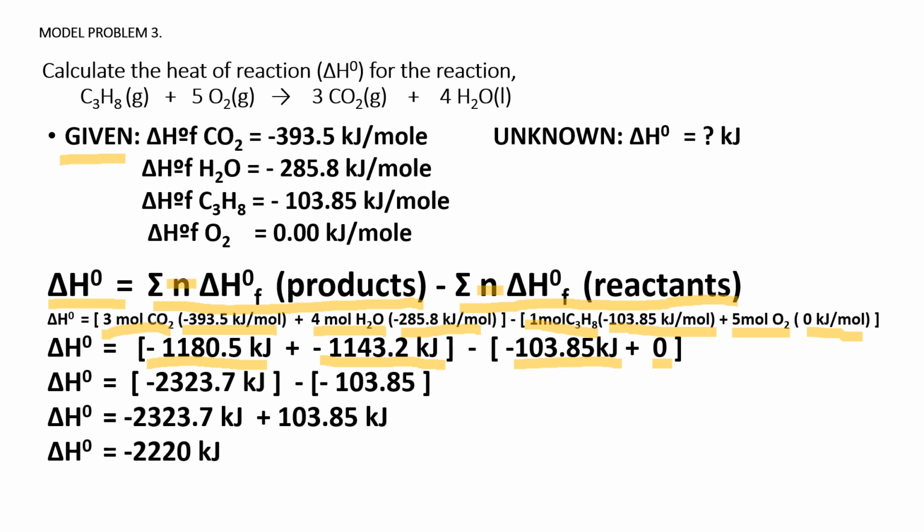Minus a negative equals positive. So that means the equation now is negative 2,323.7, and then minus negative is positive 103.85. The answer is negative 2,220 kilojoules. Exothermic reaction again.